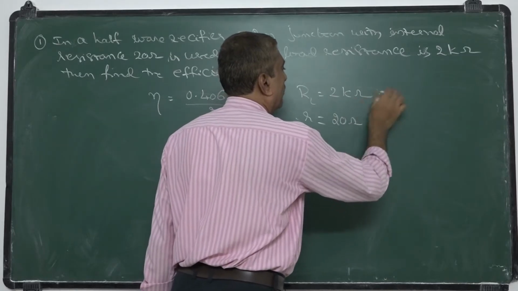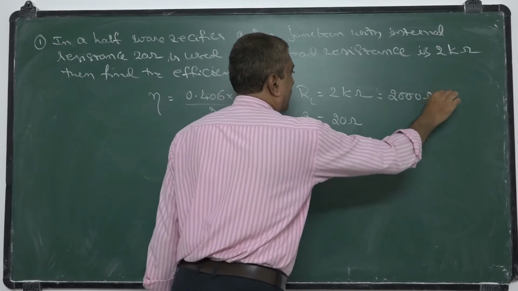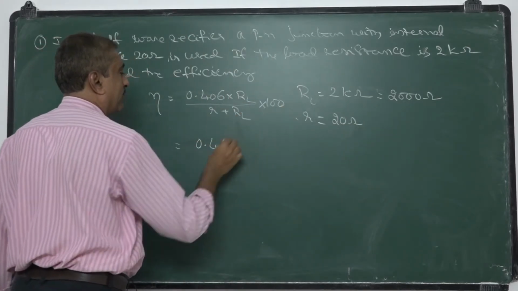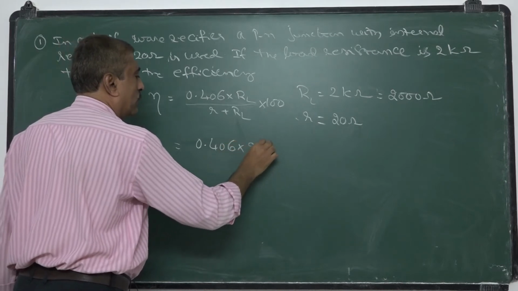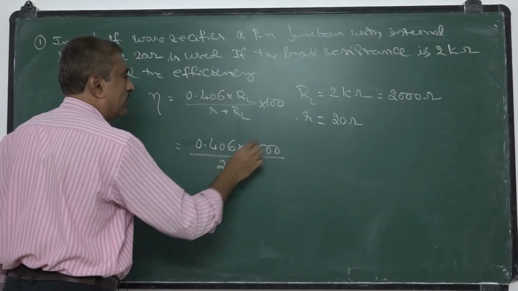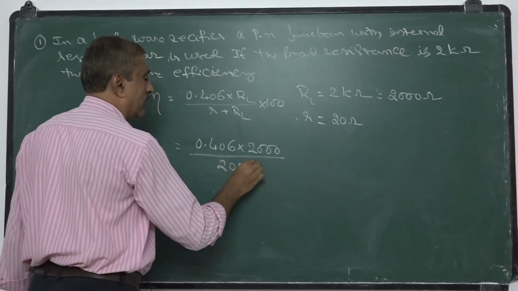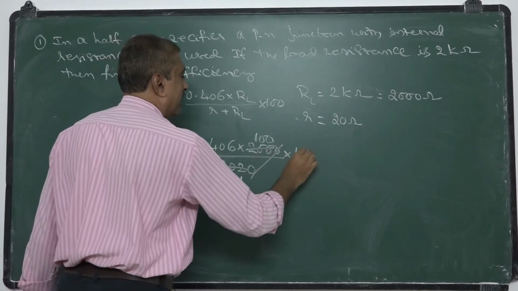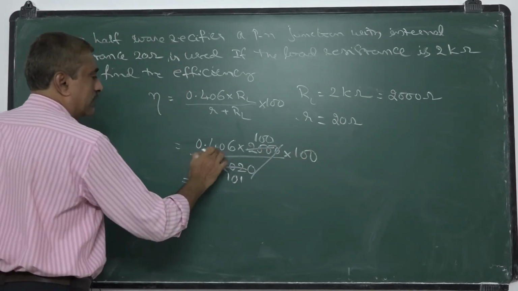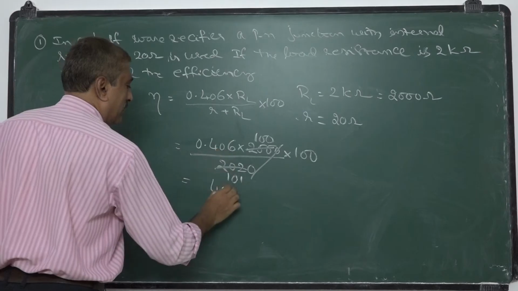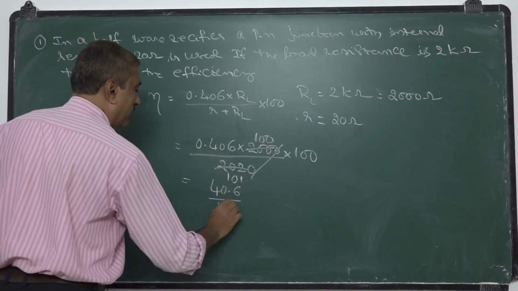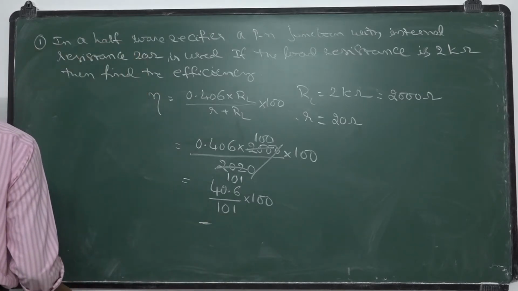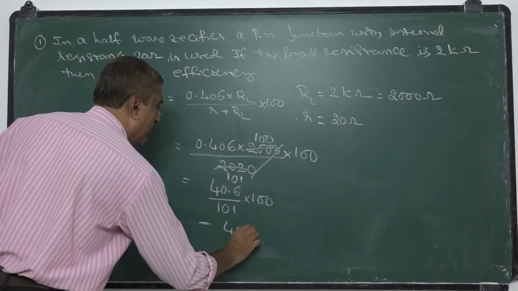Substituting, we get 0.406 into 2000 by (2000 plus 20), that is 2020. Cancelling, this is 40.6 by 1.01, which is approximately 40.2%.